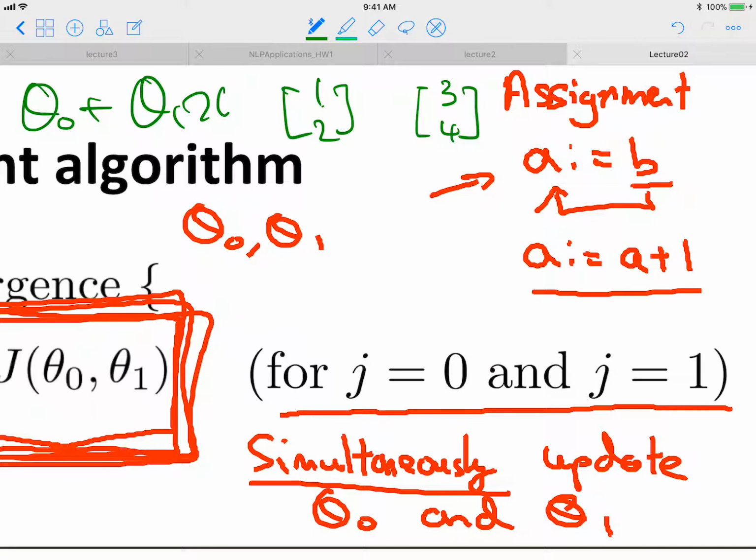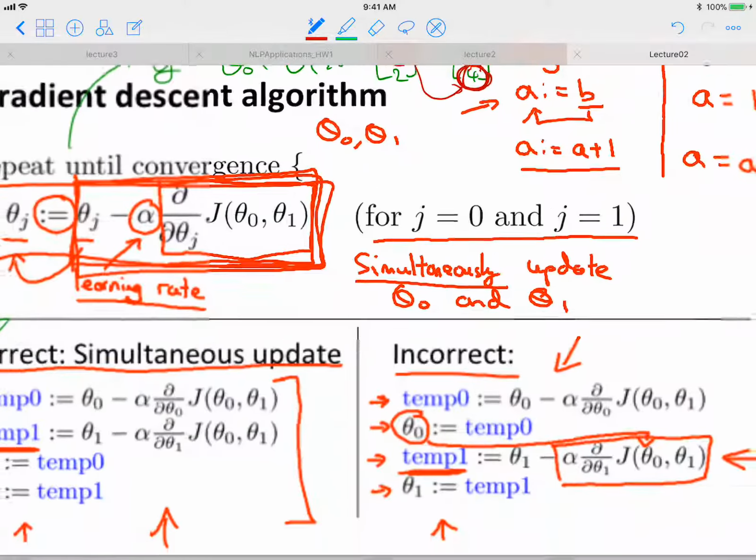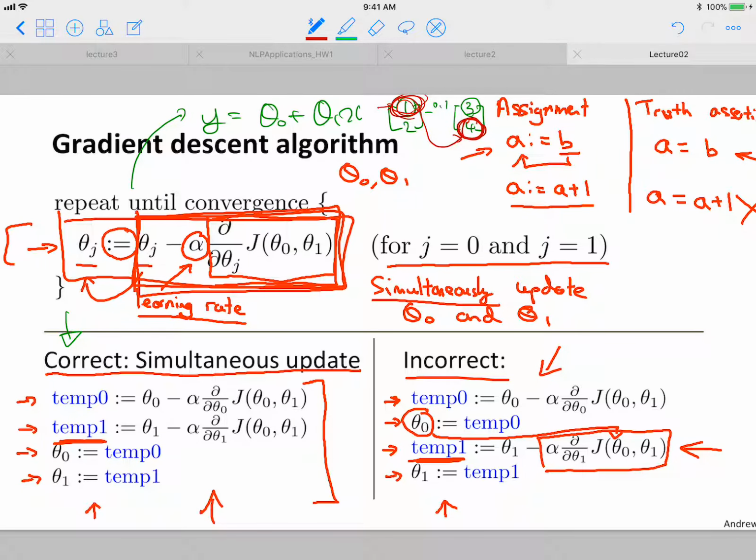Of course, as we implement it as a for loop, we will update this guy first based on this gradient with maybe a step of 0.1, right? And then we do not evaluate the gradient on this guy based on the new first parameter, right? We still use the old one, because this gradient value was computed by using this old theta 0 value. That is the point of our gradient descent, right?